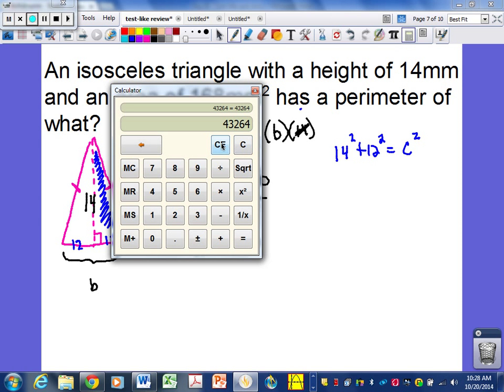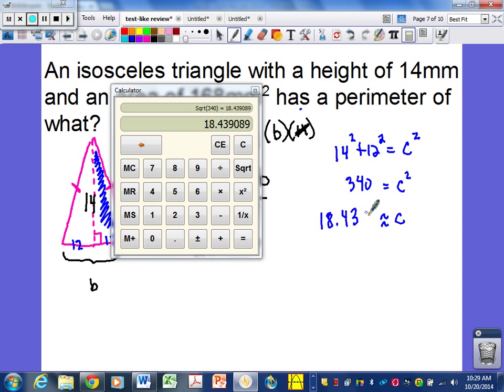What do you think? You're adding and then square rooting. 14 squared is 196 plus 144. Okay, 340. That's the sum of 14 squared and 12 squared. And now square rooting 340, our hypotenuse is about 18.439.